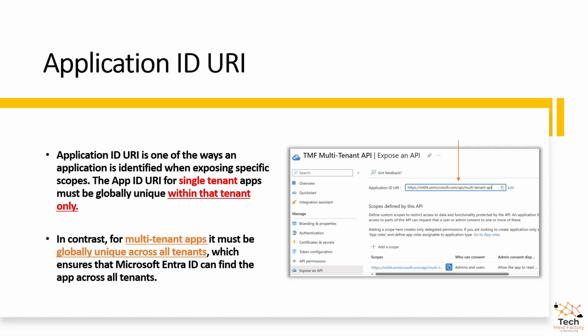Here, the application ID URI contains my tenant name, as you can see. And then we have a suffix like api/multi-tenant API, whatever it is. It can also be the client ID of this API, but the full ID URI has to be unique across all Microsoft Entra ID tenants. That's super important, so please remember it.